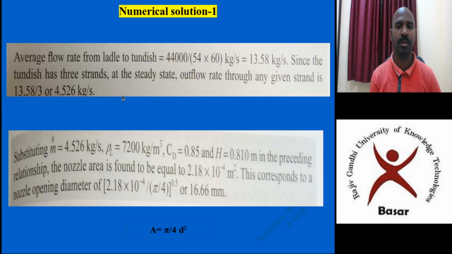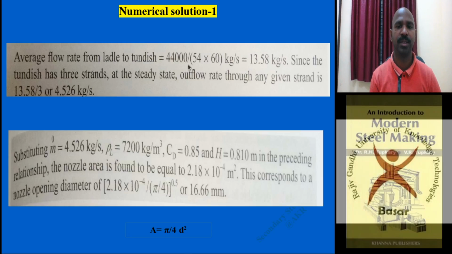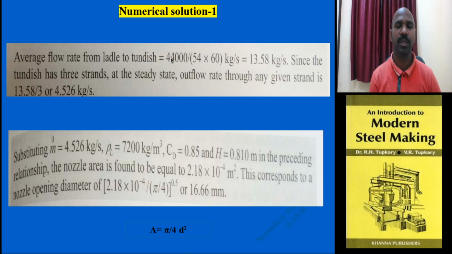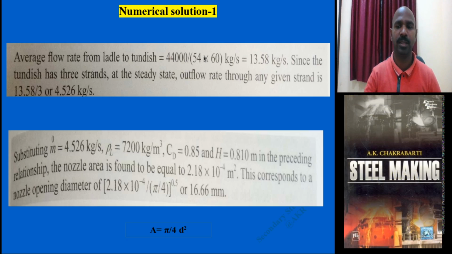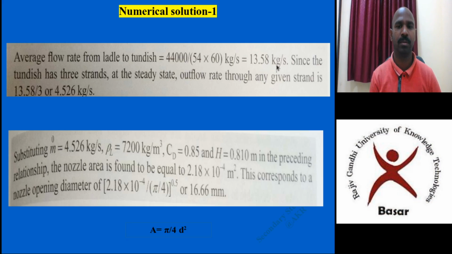Now the flow rate can be calculated. 44 tons is equal to 44,000 kg, and 54 minutes, converted into seconds, is 54 into 60 seconds. Finally you get the average flow rate of 13.8.